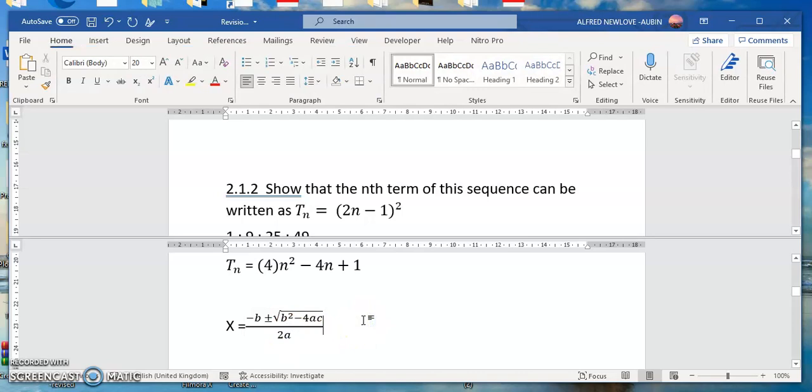Okay. Now, if you check this formula, if you check this equation, my A is 4, my B is minus 4, we calculated it, and our C is 1.